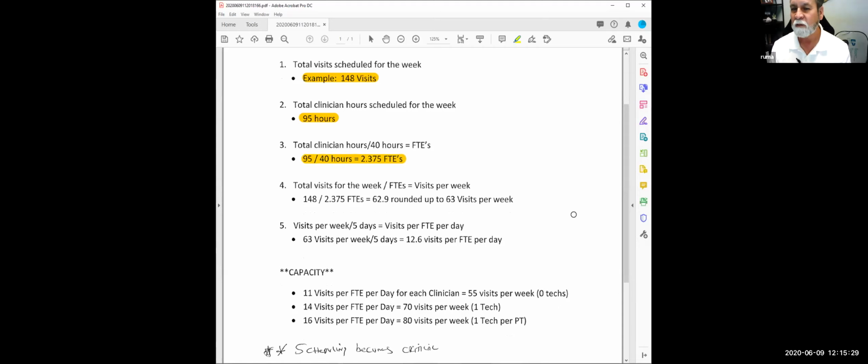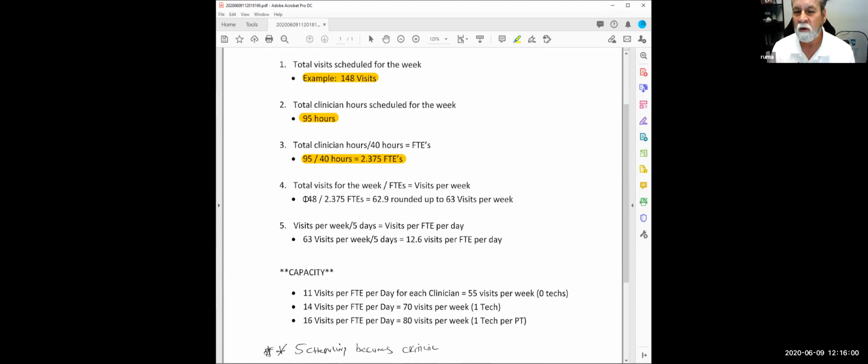You divide by 40 hours, because that's 40 hours in a week, which will give you your full-time equivalents. So 95 divided by 40 hours, you'd be working at 2.375 FTEs. You'd be using 2.375 full-time equivalents to see those visits in a week.